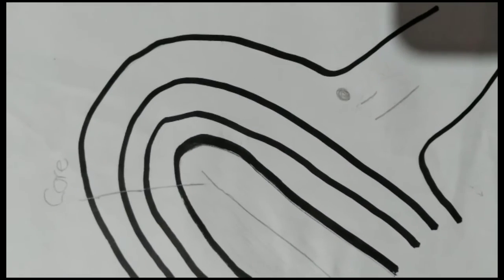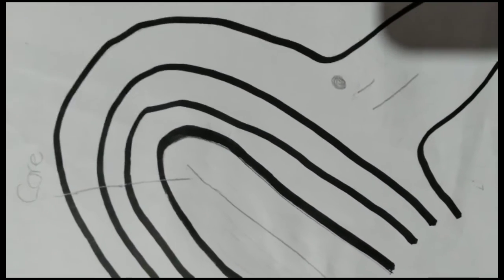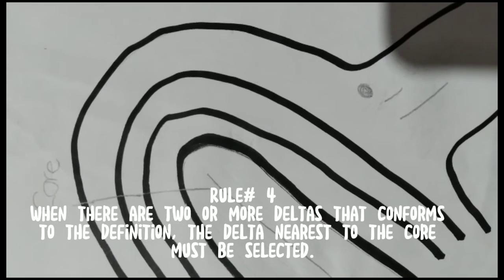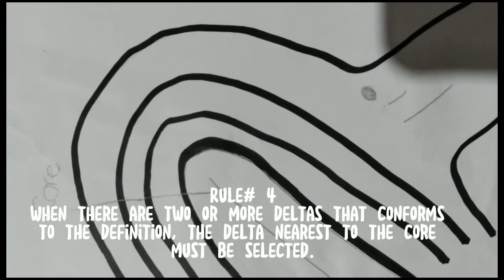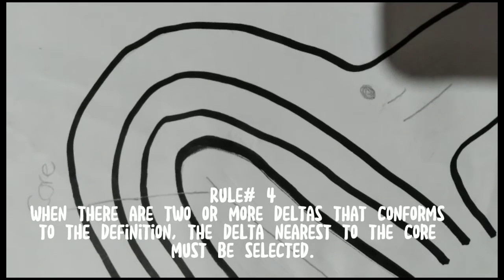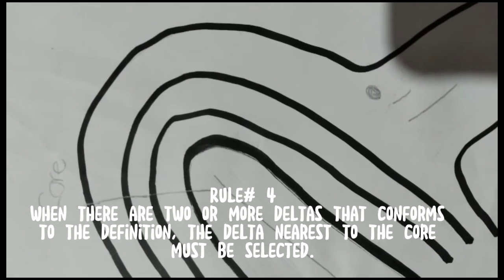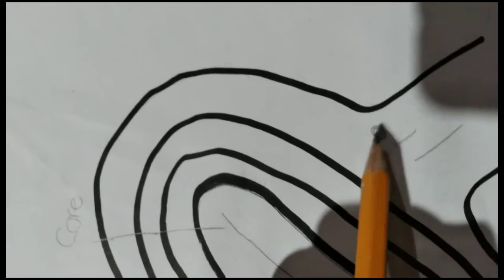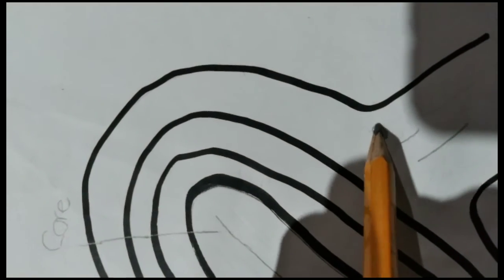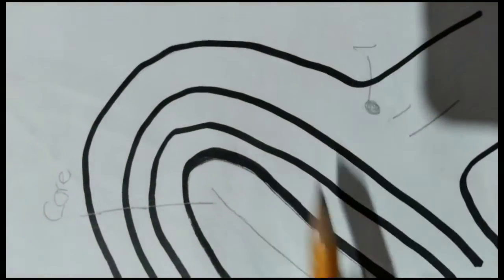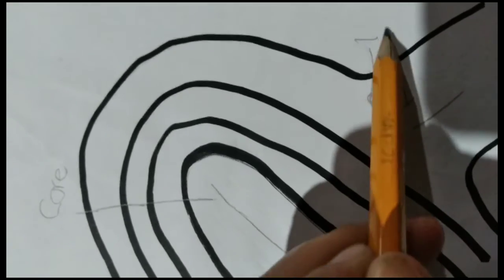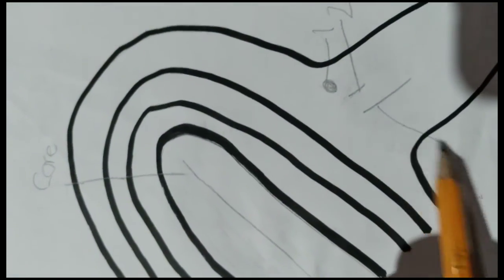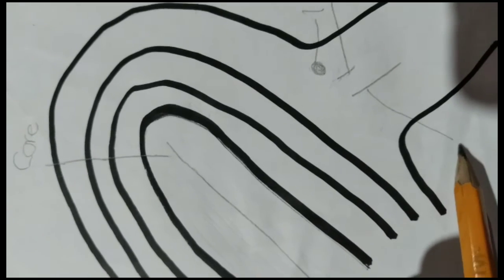Okay, so let's proceed to rule number 4. Rule number 4 says when there are two or more deltas that conform to the definition, the delta nearest to the core must be selected. So we have here the possible delta number 1, the dot, possible delta number 2, the short ridge, and the possible delta number 3, the ridge ending.